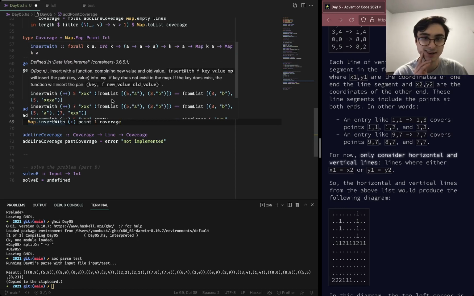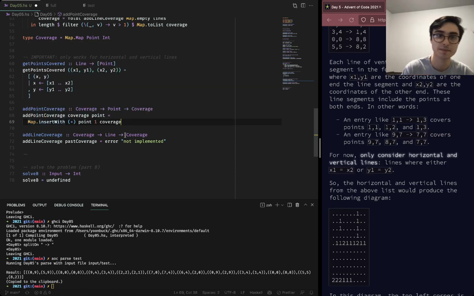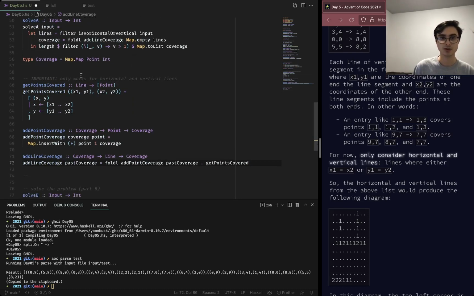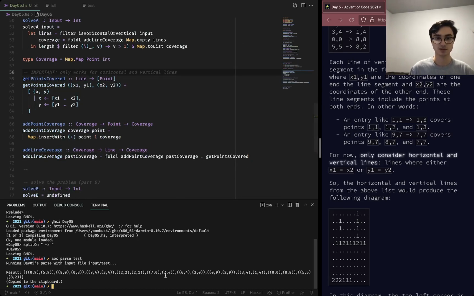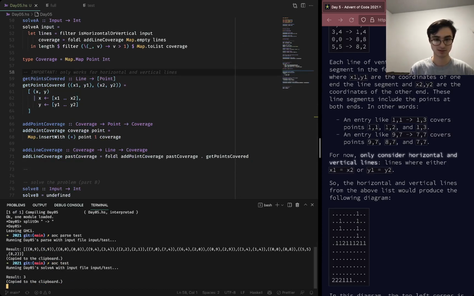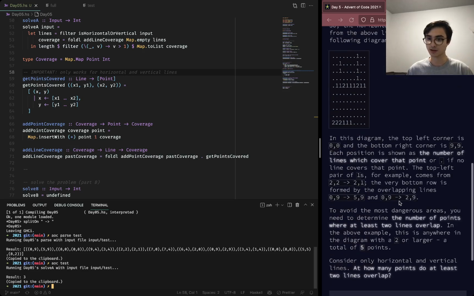I think I like that. Yeah, I think that's right. Point coverage. So we're getting the points and then folding that into the line coverage. Actually, I think we have all the pieces. So let's just see.